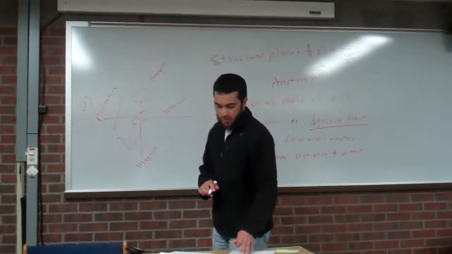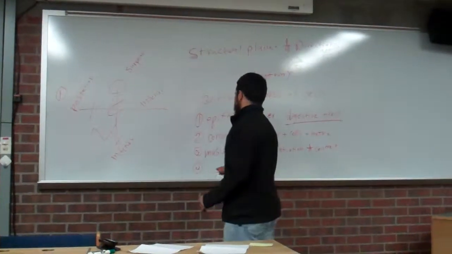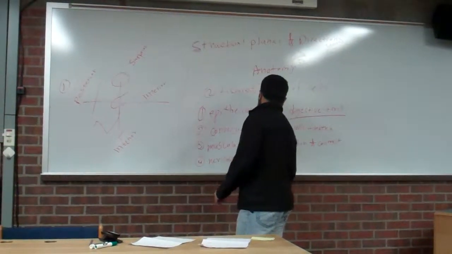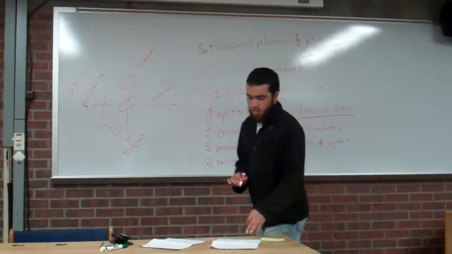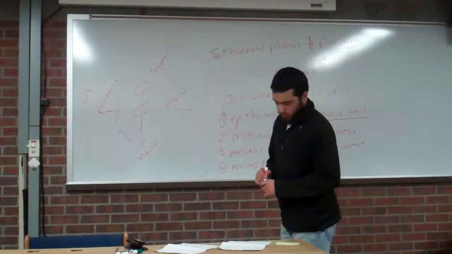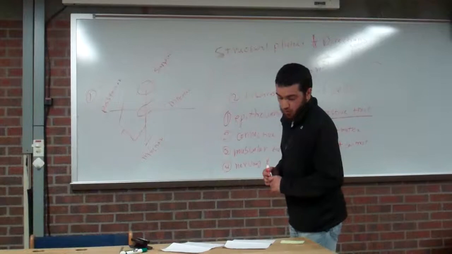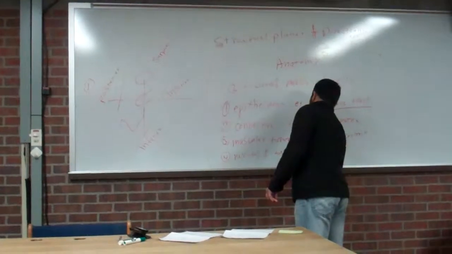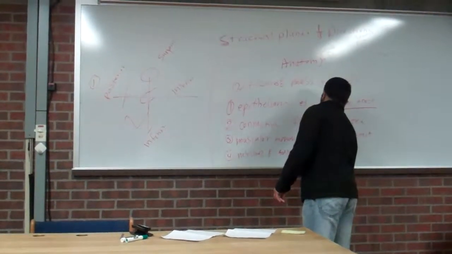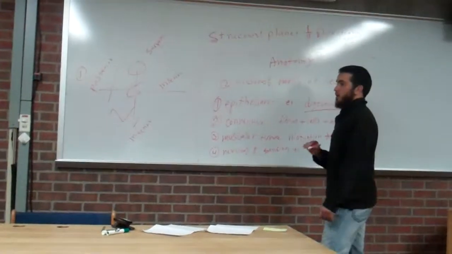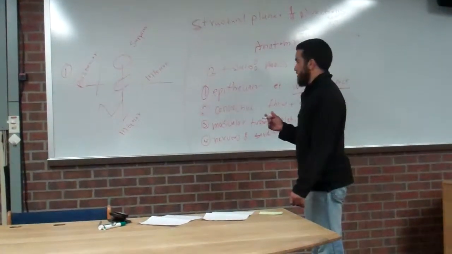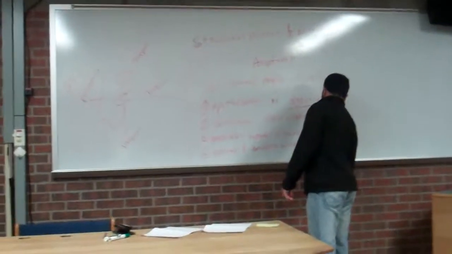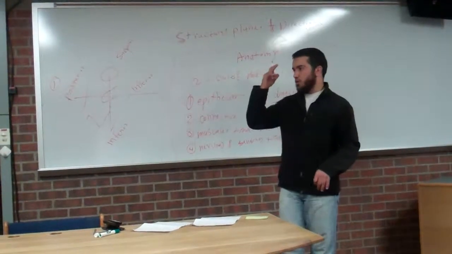The last type I would like to talk about is nervous tissue. The main function of this tissue is sensing, making sensation, and connecting the data from your hand to your brain.